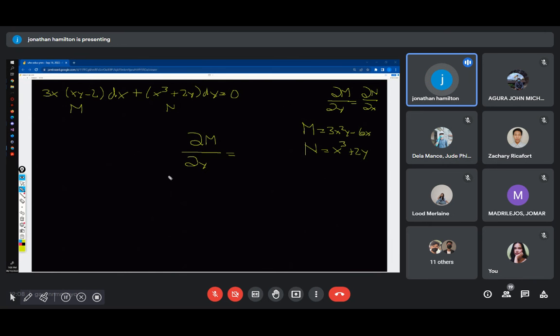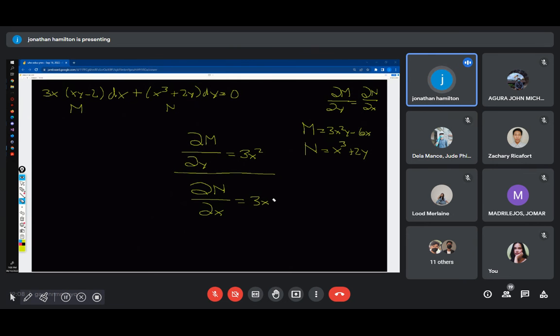So we have the partial derivative of M with respect to y. We have 3x²y, which we derive to get 3x², minus 6x, and since there is no y value, we can say this is 0. So this becomes our partial derivative of M with respect to y. On the other side, the partial derivative of N with respect to x: x³ becomes 3x², plus 2y, which has no x, so this is 0.